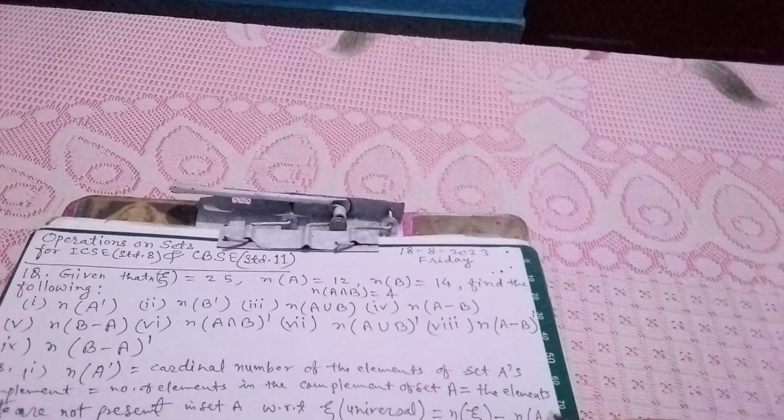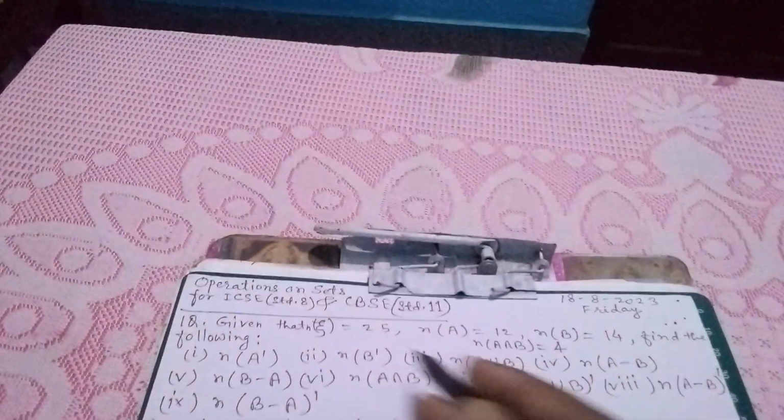This is the universal set. And that is equal to the cardinal number of epsilon minus A. So that is here 25 minus 12, which equals 13.